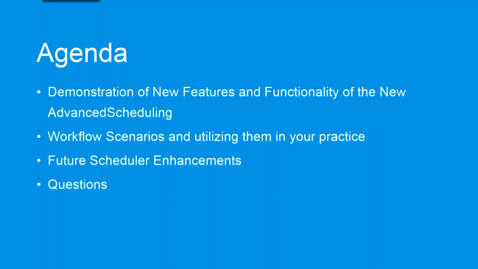Paul and I are going to go over workflow scenarios, and so we're going to kind of go over some neat items with our new 5-column functionality, as well as utilizing that left pane and some others. And then we're going to go over future enhancements, which include month view. And then kind of at the end, we have a couple other items we'll talk about, including what's next for the legacy scheduler. And we'll have questions at the end.